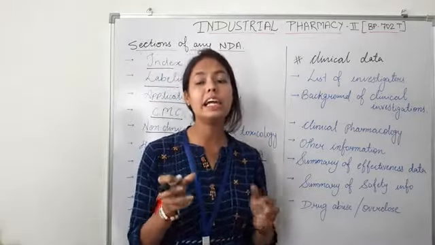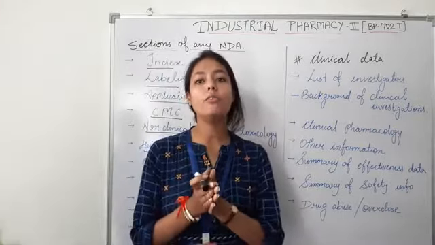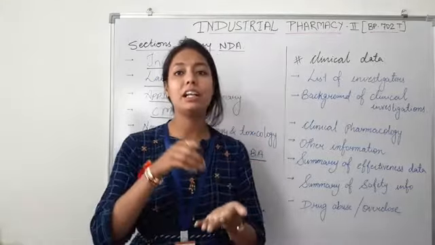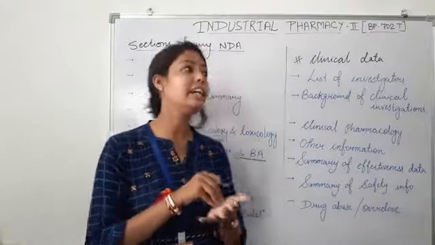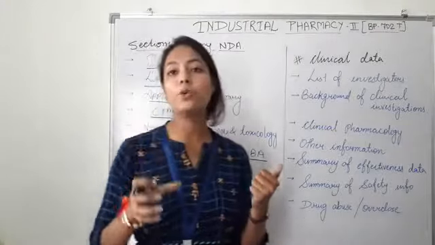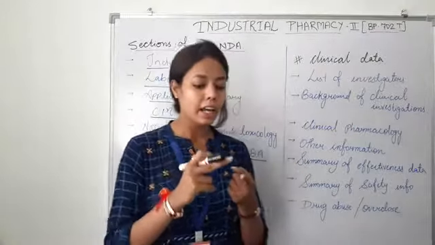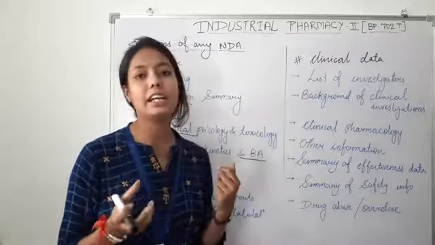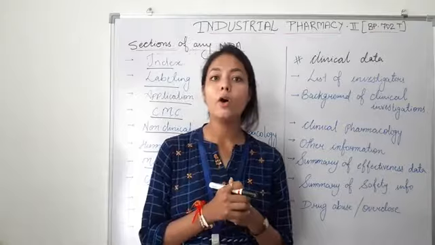As we all know, safety data always comes from the phase 1 clinical trial conducted in healthy human volunteers, and the ADME studies which were previously studied in healthy human volunteers.